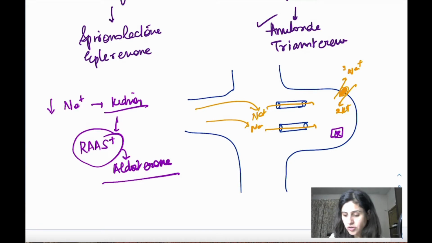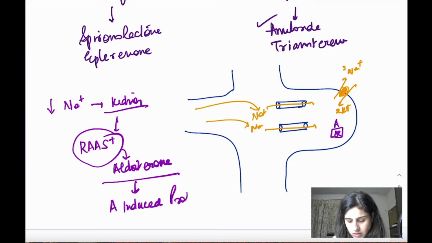And this aldosterone is going to attach to the aldosterone receptor present in the collecting duct. And what is the role of the aldosterone-receptor complex? When they combine together, they lead to formation of certain proteins, and those are aldosterone induced proteins.